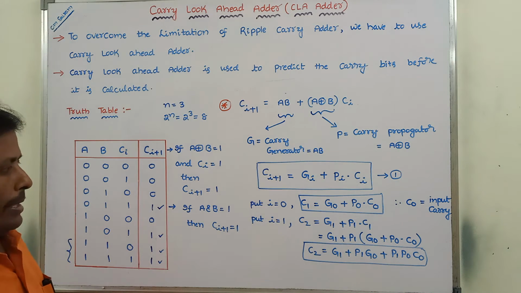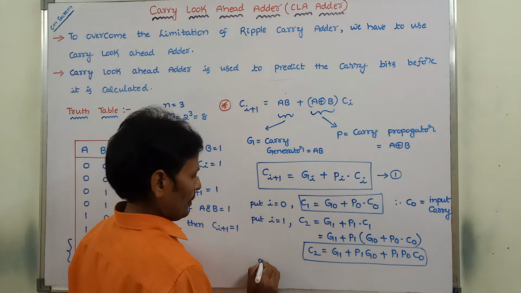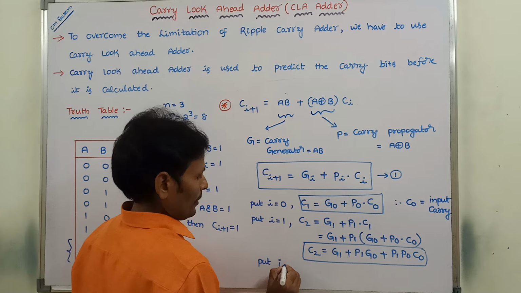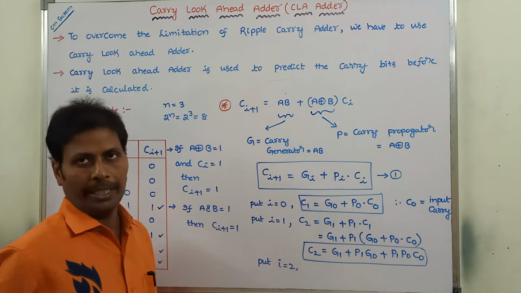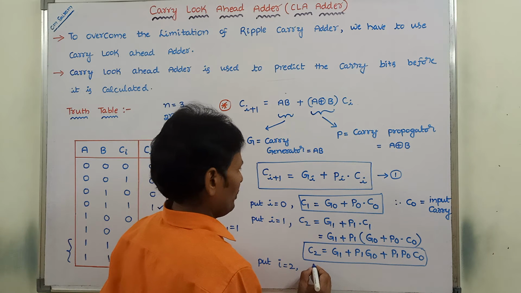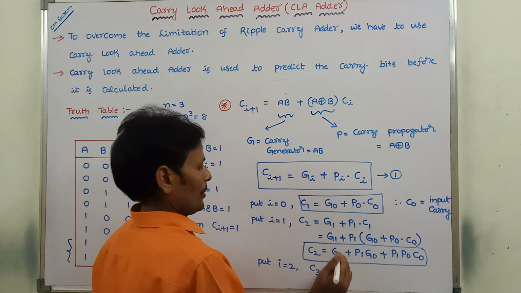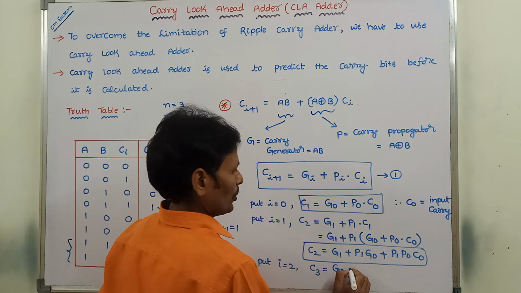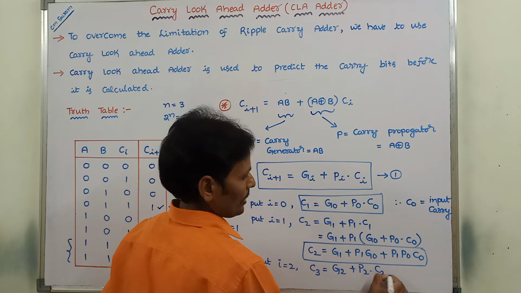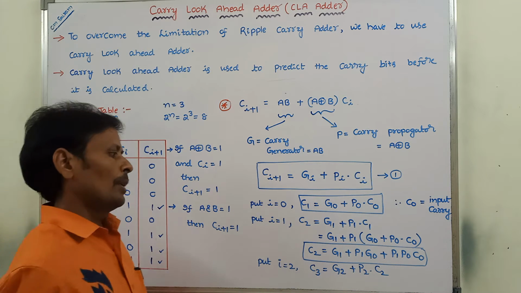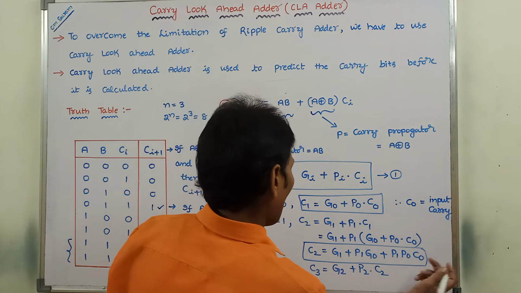Okay, next, put I is equal to 2. Whenever we substitute I value 2 in equation 1, then it becomes C3, so G2 plus P2 into C2. Now, we do not wait for the C2 value, it is already calculated.